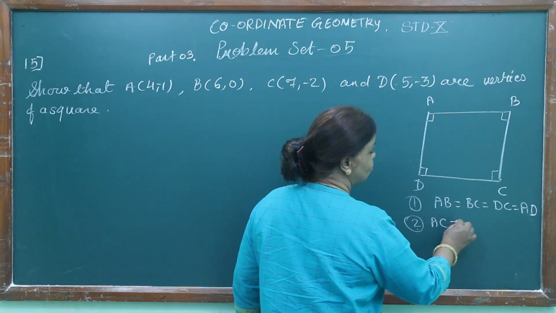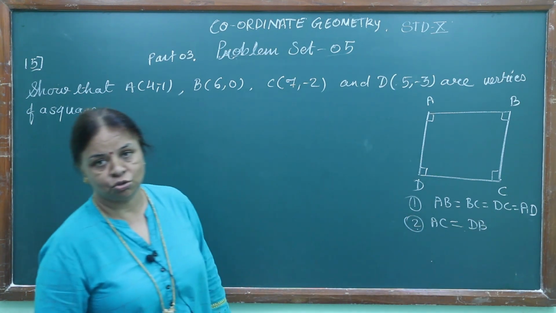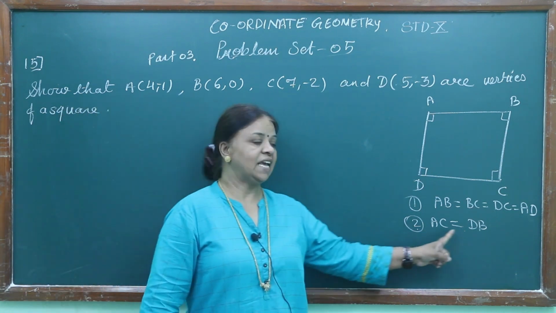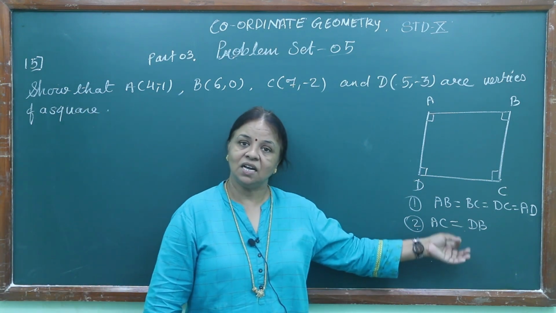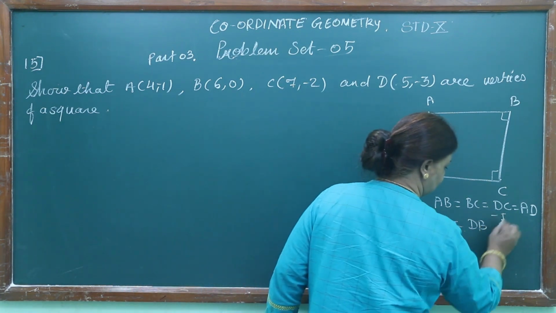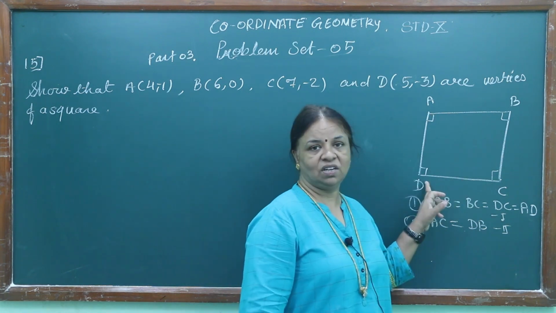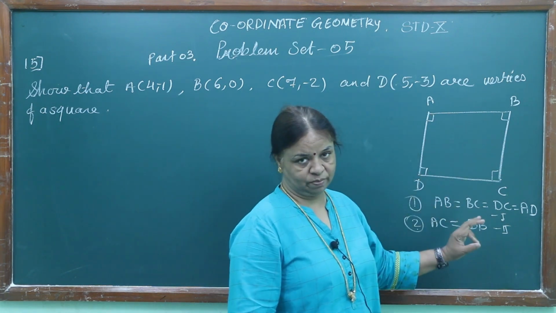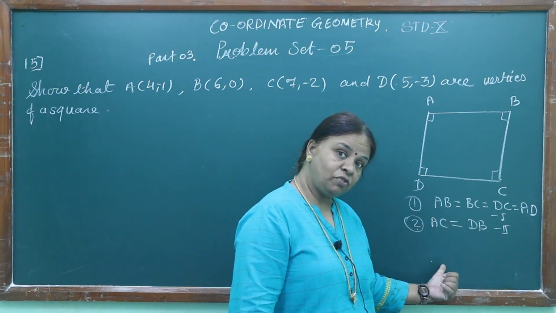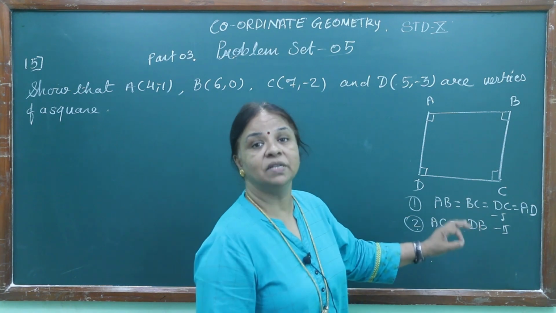That means AC should be equal to DB. The length of the diagonals also should be equal. If the lengths of the diagonals are equal, that means it is a square. So we need to prove these two things. When we are able to prove that all the sides are equal, we will say that it is a rhombus. But if the diagonals are also equal, that means it is 100% a square.